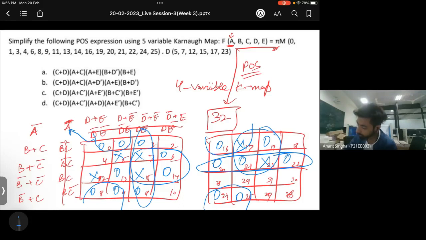Okay, here an octet is possible. That is why it was not giving the correct answer. Then we can make these.